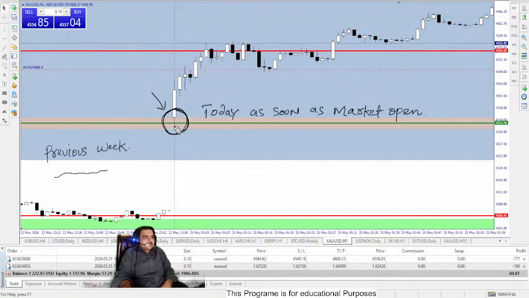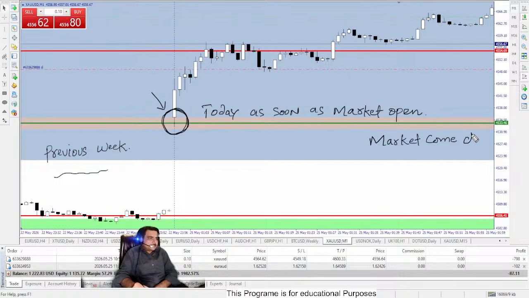Literally there is a common concept: market comes down for a, what should we say is the right name, gap fill, I should say.